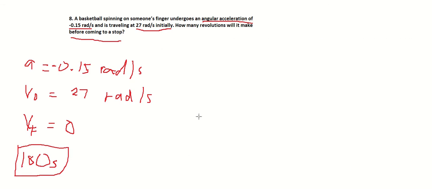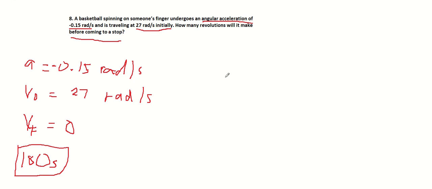So, ngayon, paano ba natin hahanapin yung revolution? So, sa paghanap ng revolution, basically, gagamitin natin is yung formula for distance. So, kung natatandaan nyo pa, ang formula natin for distance ito. D is equal to 1/2 times initial velocity plus final velocity times natin doon sa time. So, apply natin yung formula.